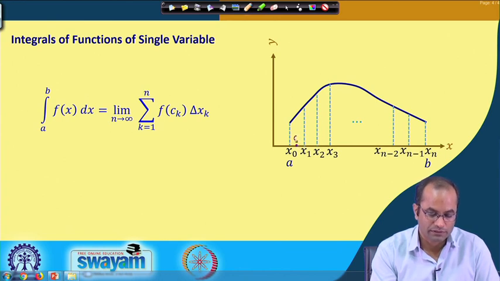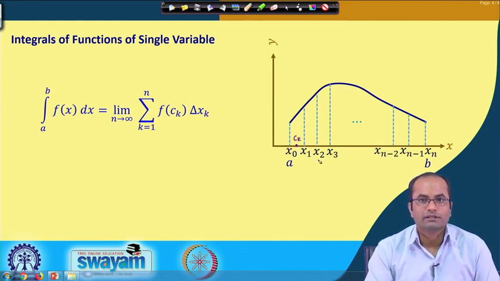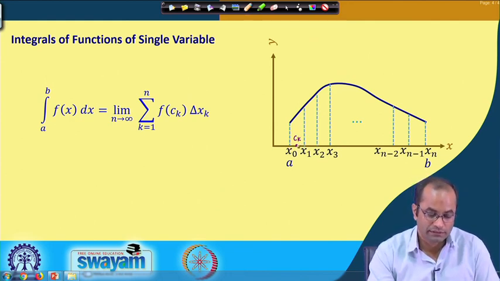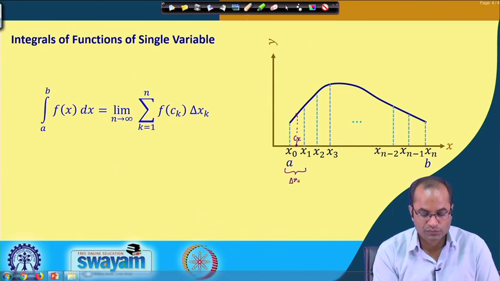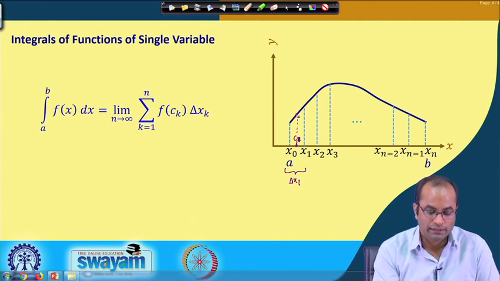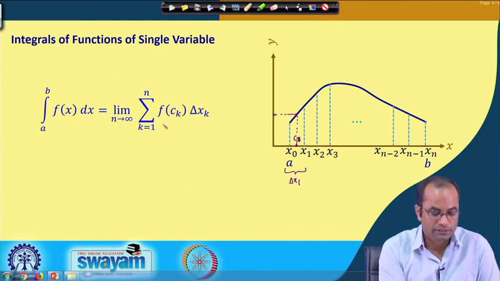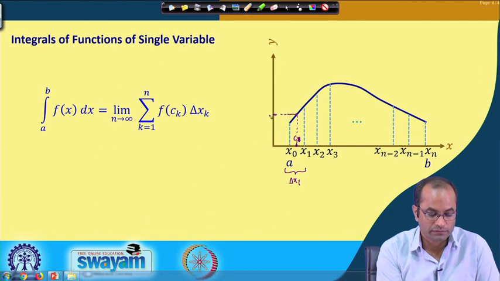So, this point c_k is between x0 and x1 in this interval, and we take the value of the function at this point, f(c_k), multiplied by this delta x_k.